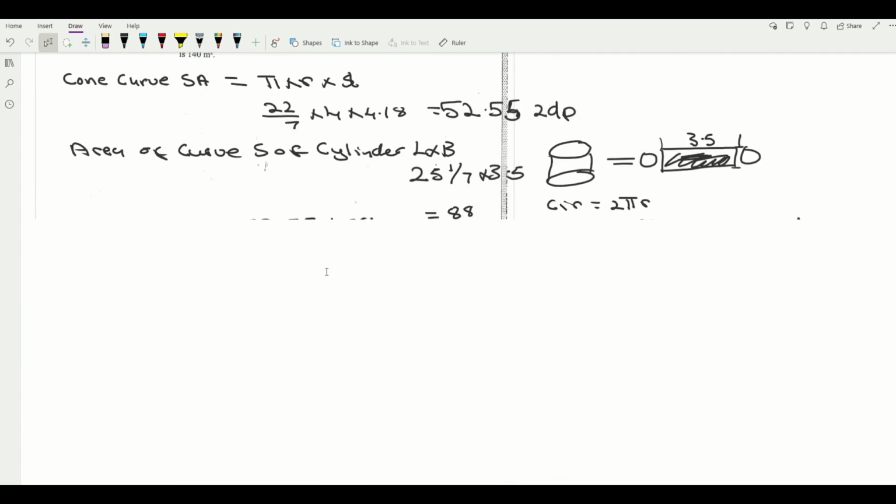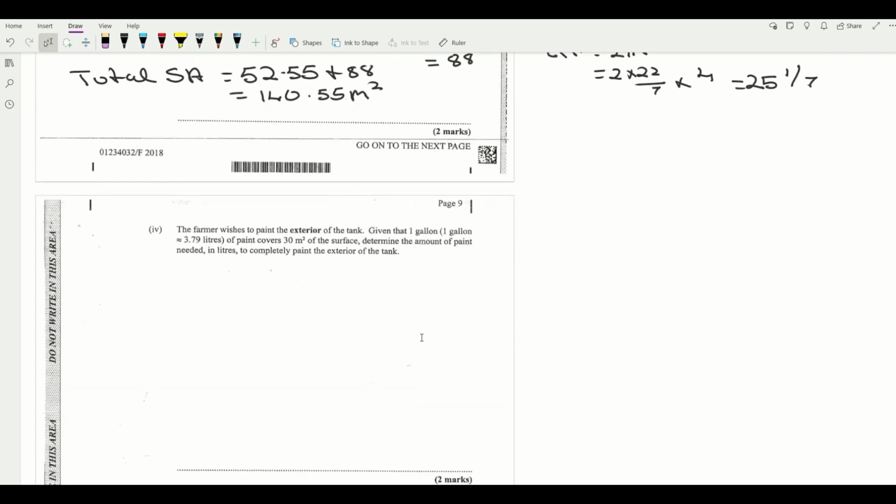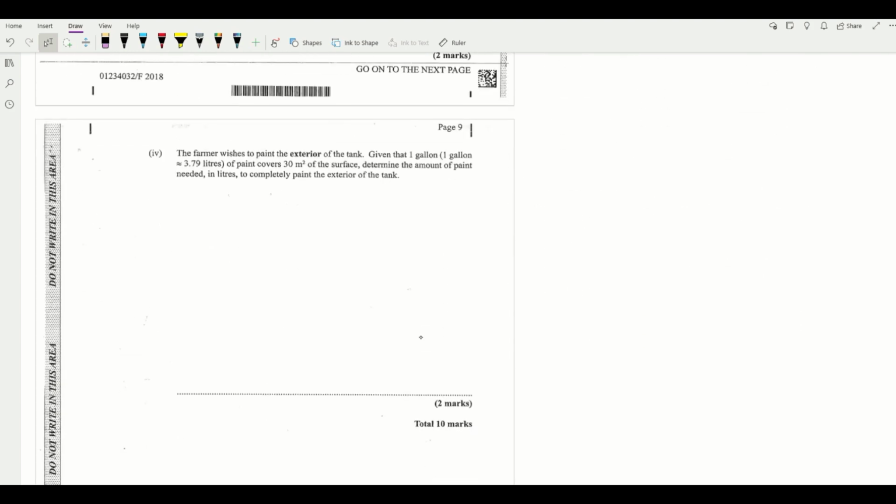So basically what we are doing is we're using the answer that we have from here to solve this part. Let's find out how many gallons, right? We're going to use if, then, and therefore.